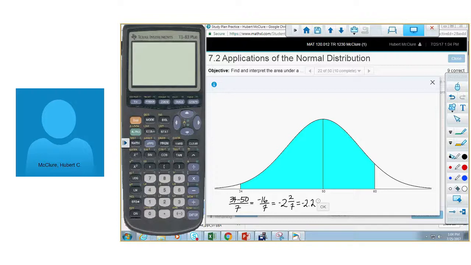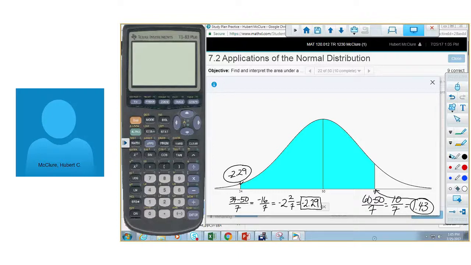Okay, so that's negative 2.29. Over here is 60 minus 50 over 7, which is 10 over 7, which is 1.4. 1.43. Correct.